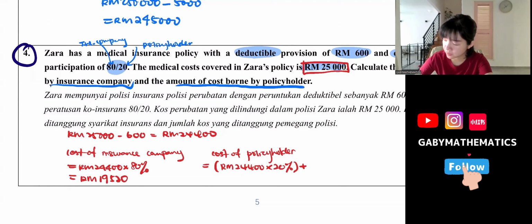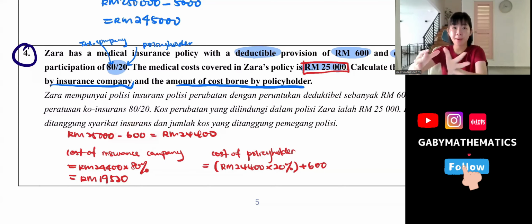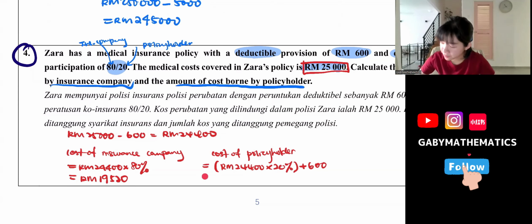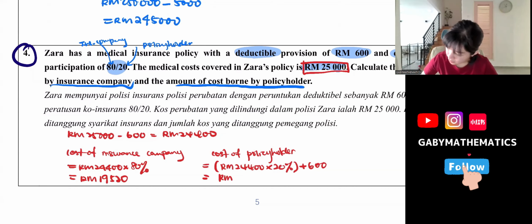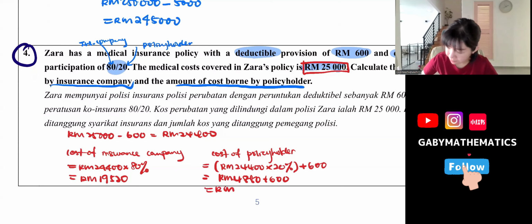It will be the 600 deductible, plus deductible, yes. Because when we minus the deductible, this 600, we just park it aside. So now finally we have to add it back. So the cost will be 4,880 plus 600 deductible. So at the end, the cost of the policyholder is 5,480.